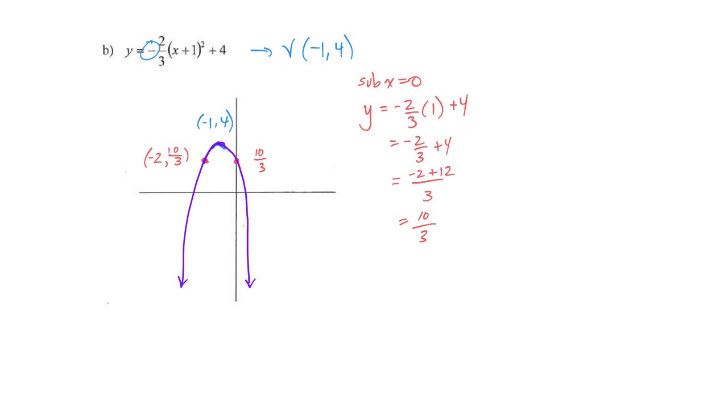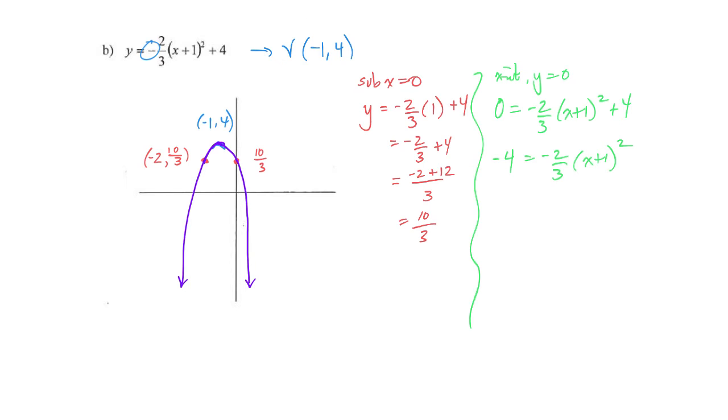Okay, I'm going to just put up an alternate solution for anyone who chose to find x-intercepts. So we take a look, and maybe we said to find x-intercepts, we're going to allow y to equal 0. So I've got 0 equals -2/3 (x + 1) squared plus 4. Okay, to work my way through on this one, I got to get rid of that +4, so I have a -4.